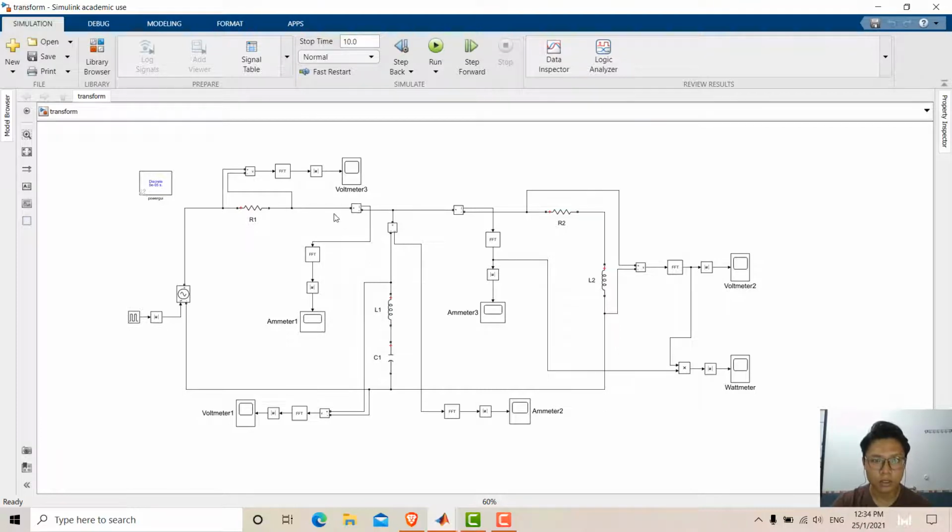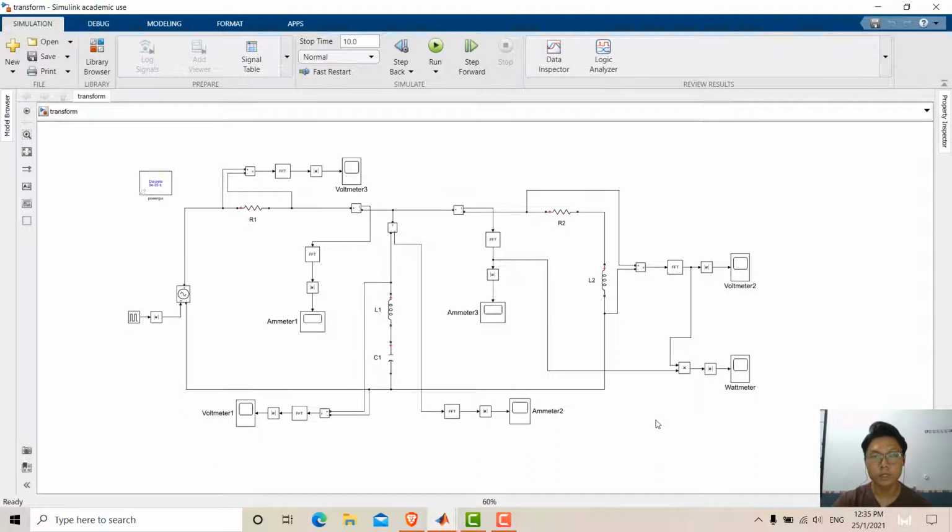So here's the circuit, and this is the current measurement, and then connected in series with the FFT and also the ammeter. So we can find the output graph here. And same goes to the I1 and I2. Connect the current measurement, FFT, and also the ammeter block. Same goes with here: current measurement, FFT, and also the ammeter block.